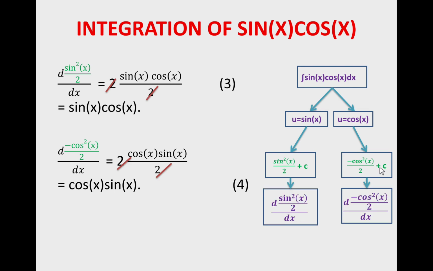If we take the derivative of the first result, sine squared x over 2 plus c, we can see that the derivative will give us the original function, and the same thing applies to the other side. If we take the derivative of negative cosine squared x over 2 plus c, we will also get the same. So the end result will be the same regardless of which path we take.